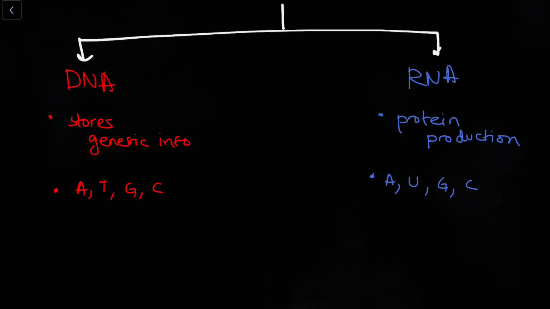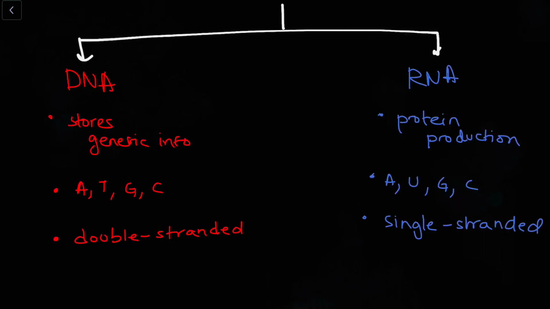A third difference between DNA and RNA is that DNA is double-stranded, whereas RNA is single-stranded. So instead of taking the shape of a double helix like DNA, RNA would take the shape of a single helix.